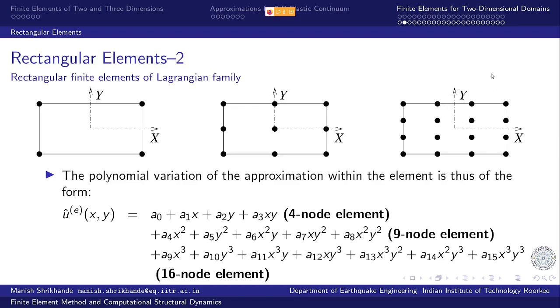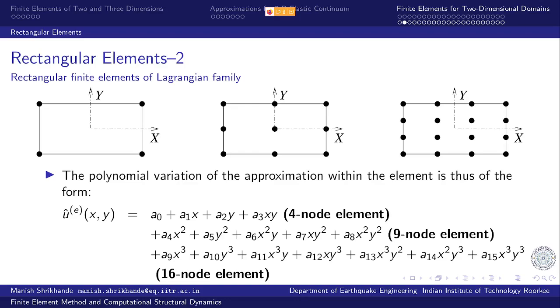If there is another element next to it, these 4 nodes do not in any way affect the compatibility or continuity of the approximated variable across the inter-element boundaries, right? So that is an unnecessary increase of degrees of freedom and problem size, and it increases very, very rapidly.